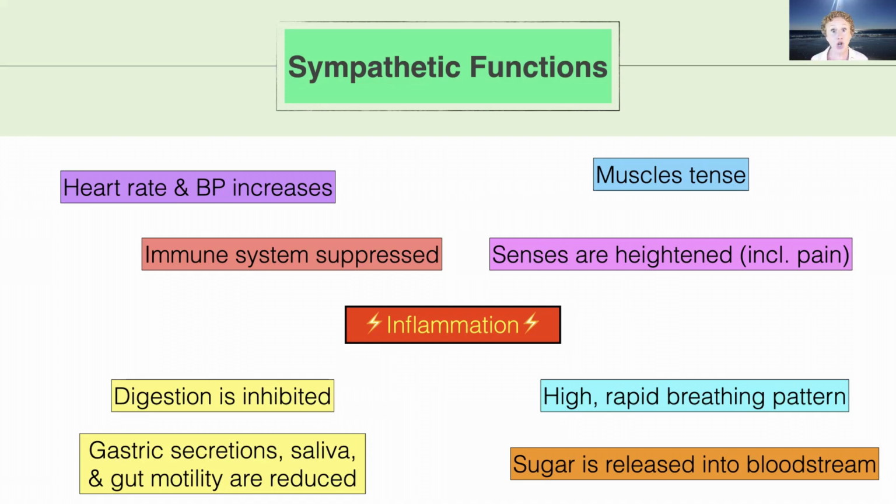So that includes saliva, or the secretions of our gastric stomach system and our digestive tract. Those all get switched off, which is why you often get a dry mouth when you're stressed. And if you're a woodwind or brass player, that can be an issue, or a singer, right? If you're getting dry mouth because you're stressed, this is why, okay?